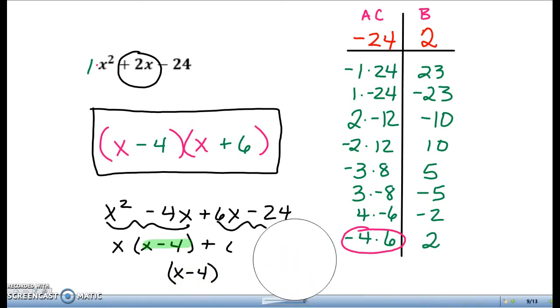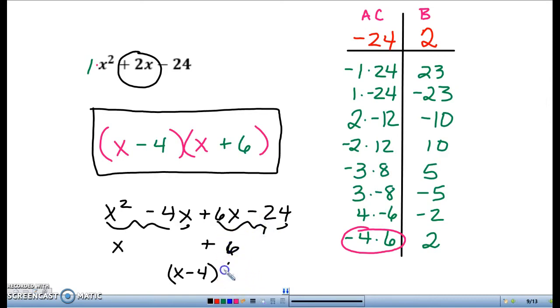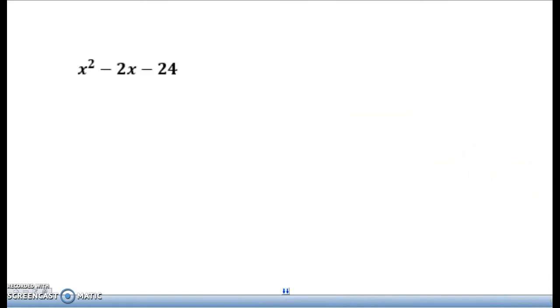Once it's gone in both groups, whatever's left over goes in the second set of parentheses. And it looks like I erased my 6 there, so it's x plus 6. Isn't that what we got up here? Yeah, it sure is.